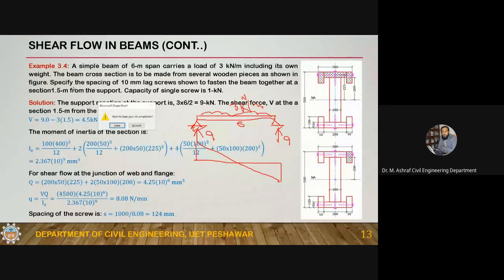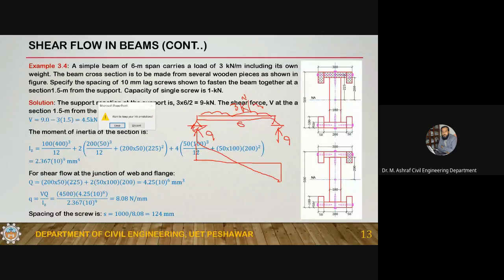So he is saying to specify the spacing of 10 millimeter leg screws to fasten the beam together at a section 1.5 meter from the support. From here up to here is 3 meters, the total is 6 meters. So he's saying 1.5 meter from the support. What will be the shear value at this?